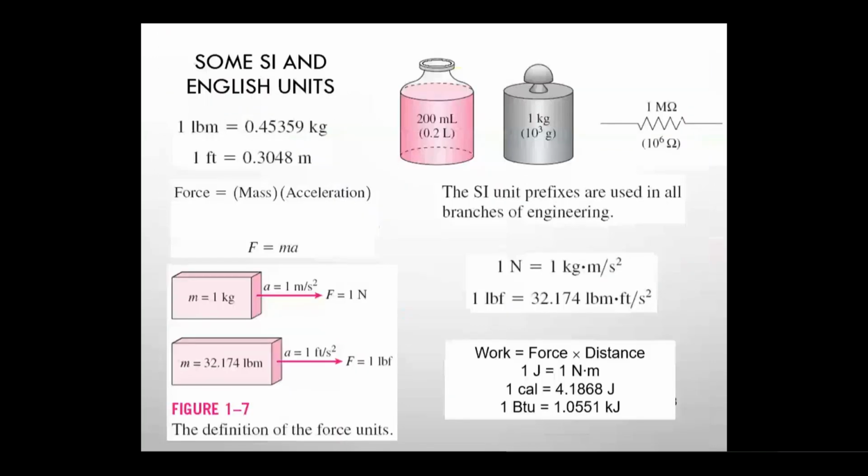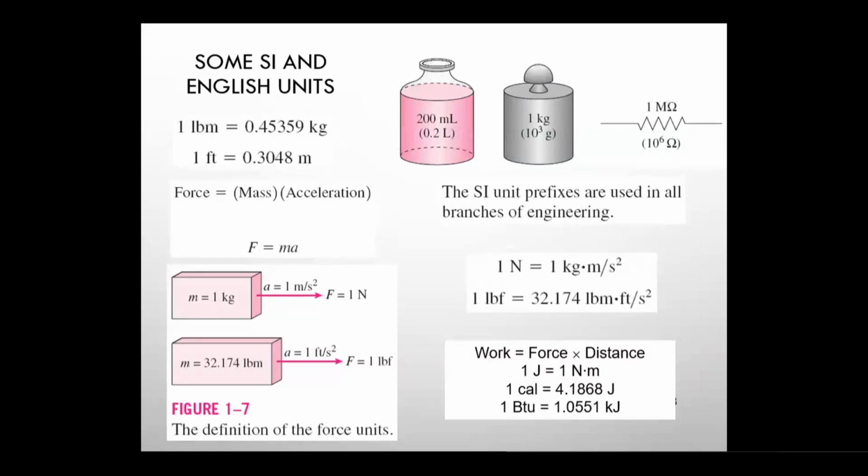Now, moving on to the right hand side, top corner, you have some prefixes written with the SI units, just to highlight that whenever you have megaohms, megapascal, or milliliters, the prefix is already known to you if you are familiar with the system. Clear?